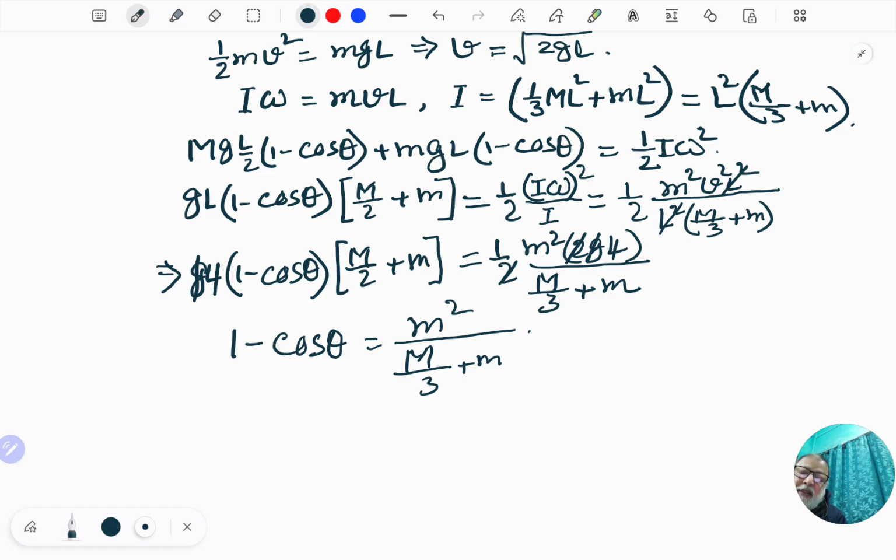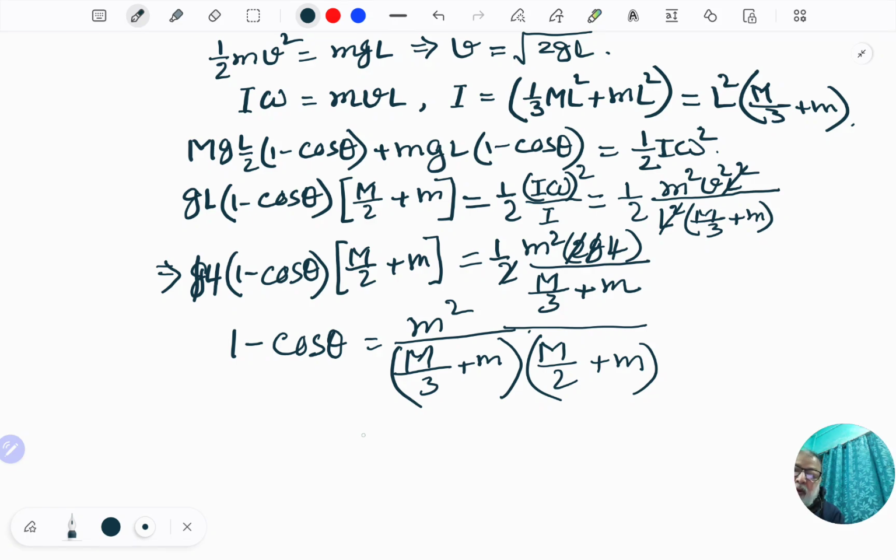Look here, my left hand side is a dimensionless quantity, and the right hand side should also be dimensionless. You check, the numerator is m square, and the denominator, well, I can now put the value of denominator here as the further quantity that comes from left hand side to right hand side, and both numerator and denominator are in square of mass, so it is dimensionless. So dimensionally this solution is correct, at least that much we can be pretty sure.